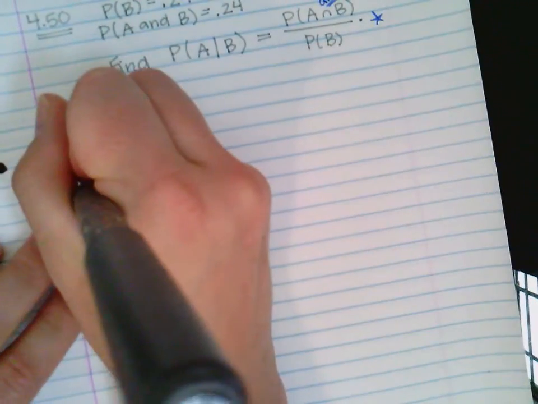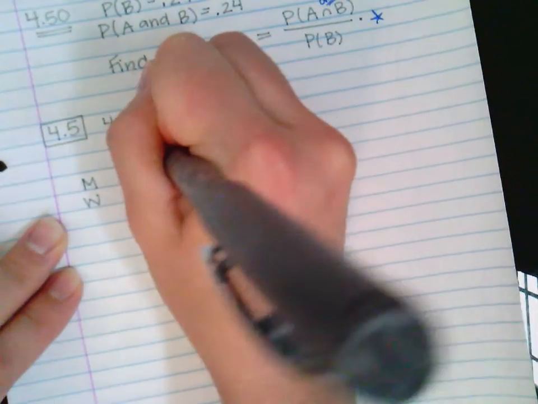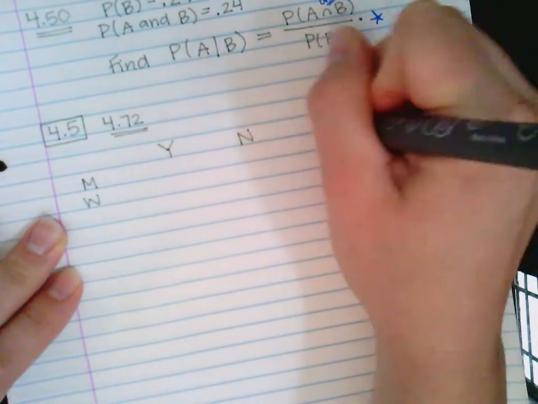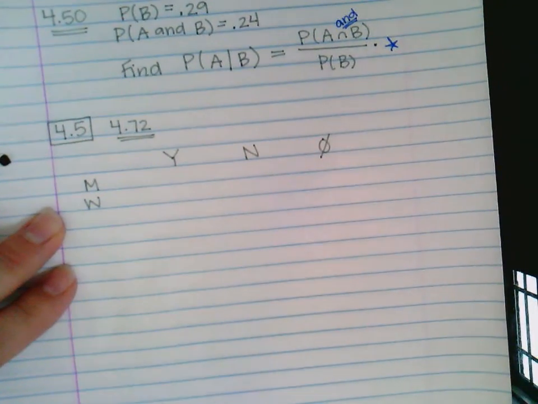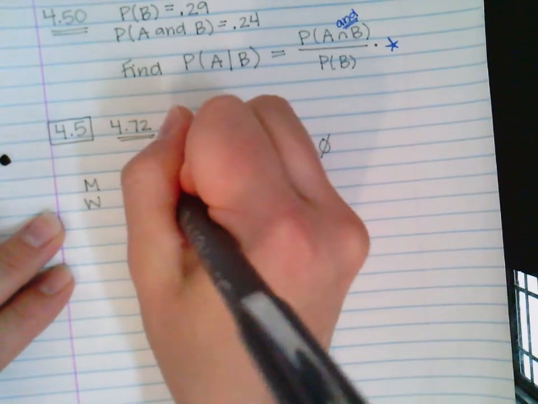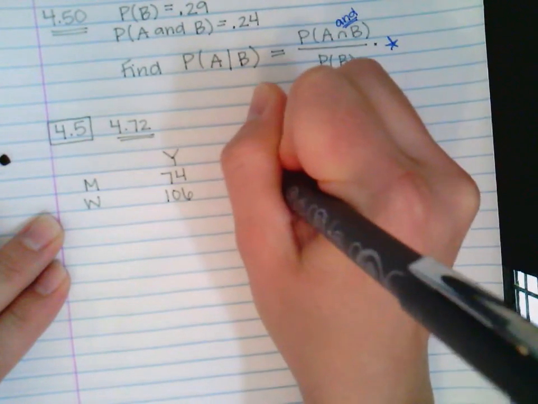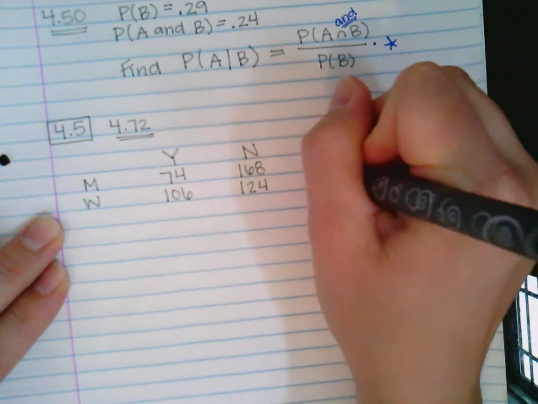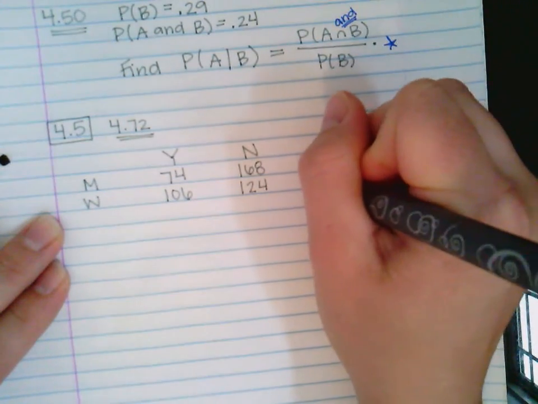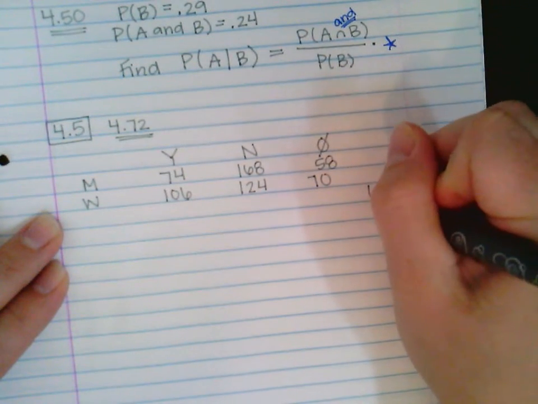And again, we have this split by men and women. And then yes, no, and then no opinion, which I'm just going to label as no opinion like that. And again, I'm going to copy this table down just so that we have it for reference in the video. And it tells us that the total here was 600.